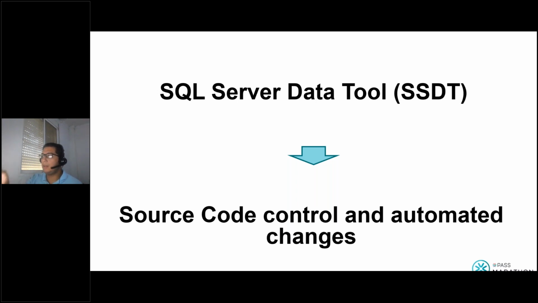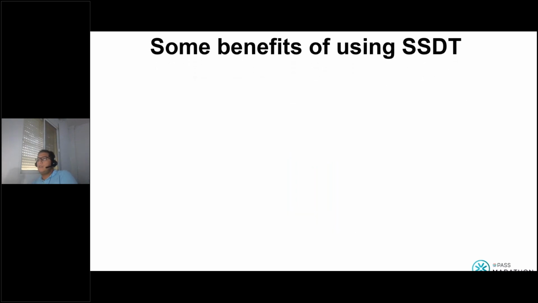But once you have SSDT ready, you can, or you need to, start working with source code control and automate changes. What are some benefits of using SSDT? Well, imagine the classic sample AdventureWorks.